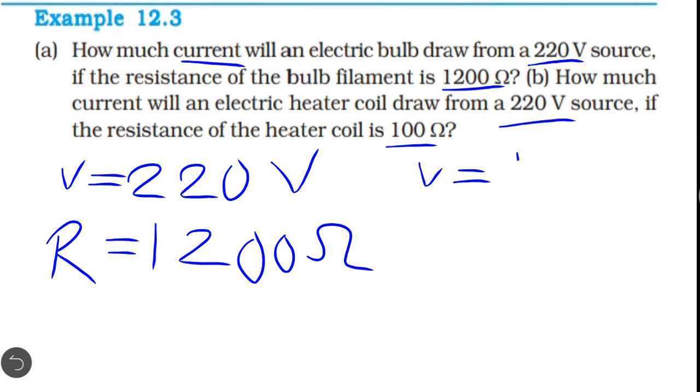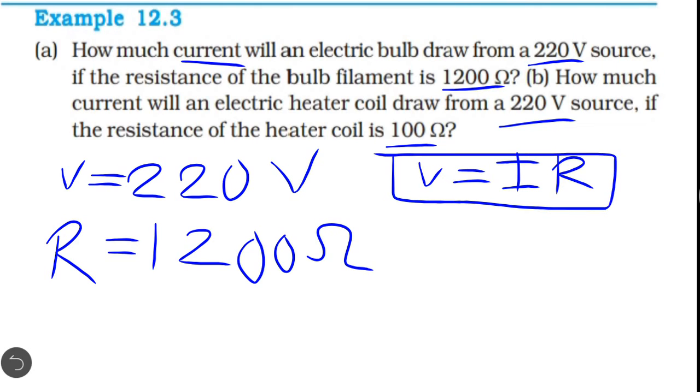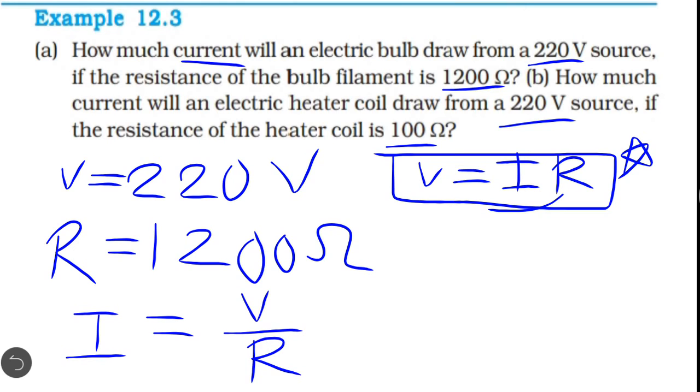We know that V is equal to I into R. This is a very important formula. We are going to use this in the majority of cases to solve the questions. By this I can write it as I is equal to V by R. Substitute the given terms.